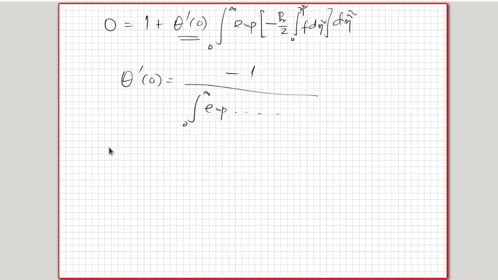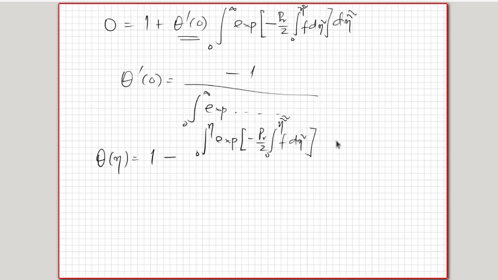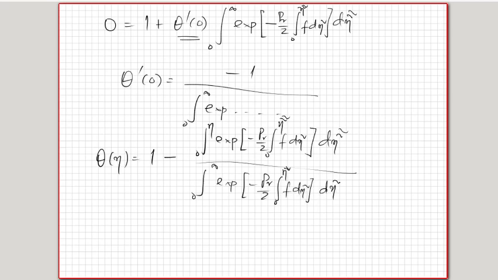Okay, so then I'll be able to write theta at any eta is equal to 1 minus integral from 0 to eta of, let's write the full expression here, exp of minus Pr by 2 integral from 0 to eta double tilde f d eta tilde d eta double tilde, divided by the same integral from 0 to infinity, exponent minus Pr by 2 into integral from 0 to eta double tilde f d eta tilde d eta double tilde.